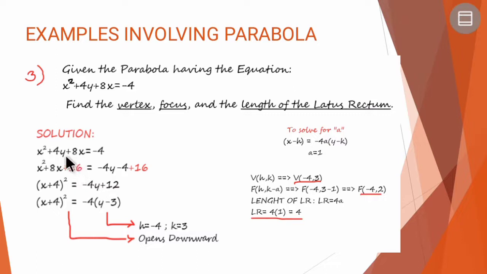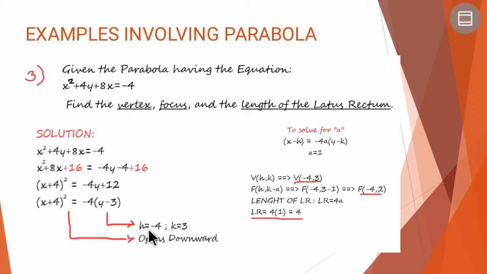After you get the possible third term, you also add it on the other side. Then factor this. We have the square of x plus 4 is equal to -4 plus 16, which is 12. Factor this: we have -4 times x minus 3.